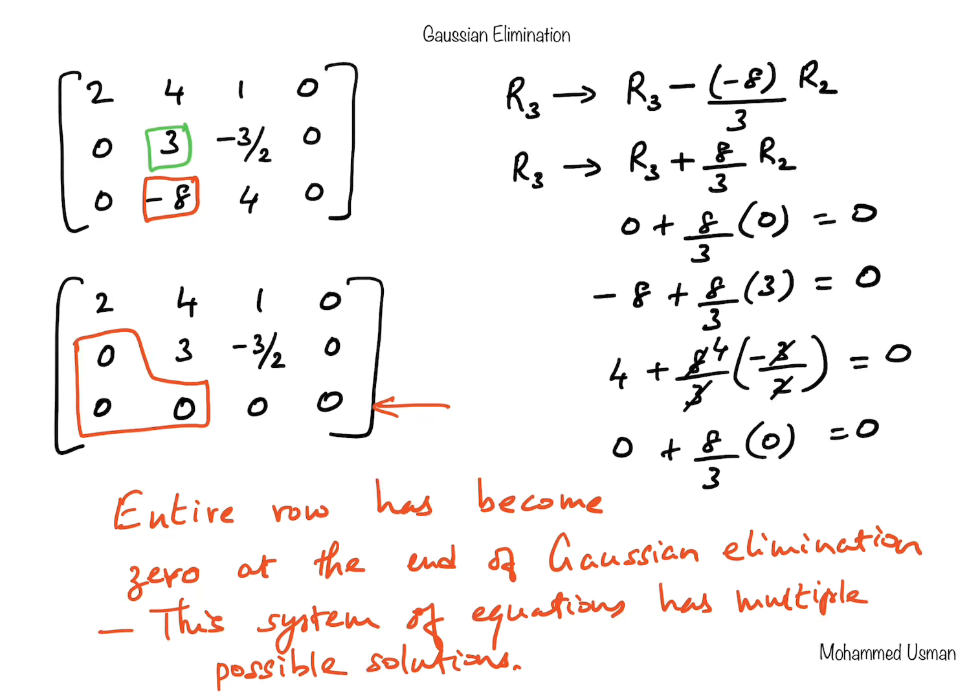Now another important point that I want to highlight in this section is what are the acceptable transformations or operations that can be applied as row operations. You can have the addition or subtraction of two rows.